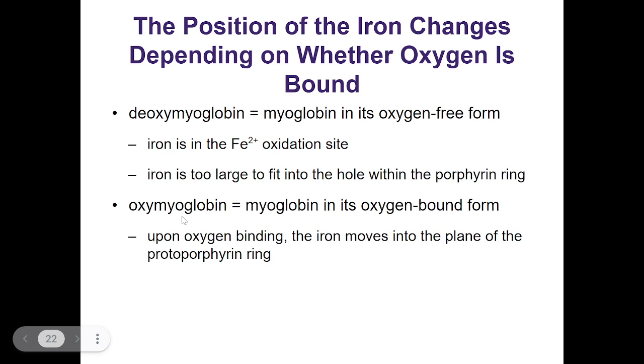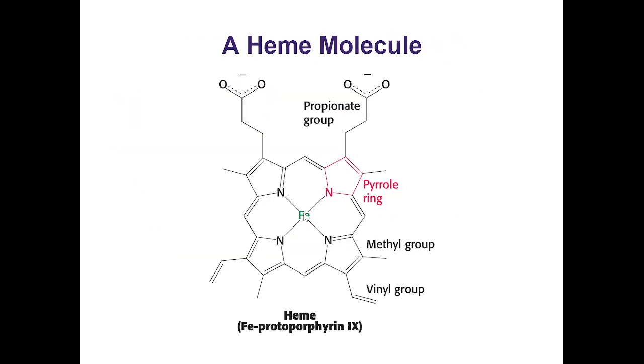The oxymyoglobin, on the other hand, is the myoglobin that is oxygen bound. When oxygen binds the iron in that heme, the iron is going to move into the plane of the protoporphyrin ring. So what happens here? On one side, you have a histidine sucking it down, right? So you have that histidine sucking it downwards, okay?